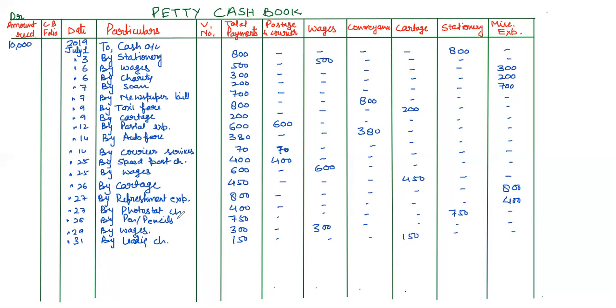Okay. So first of all, we will take the total of the receipt column, and we have only 10,000 rupees in this.